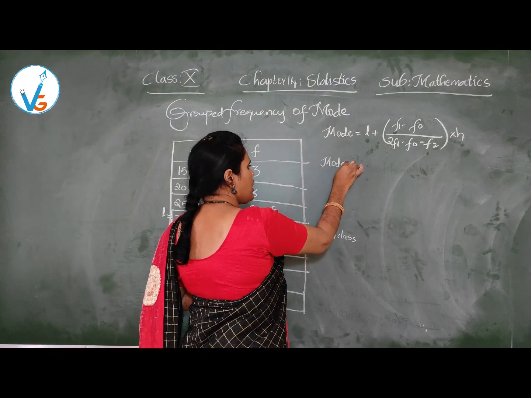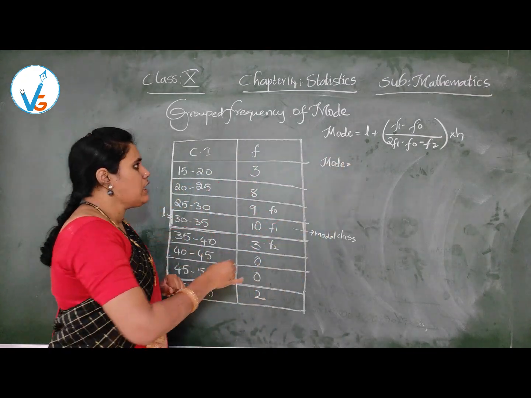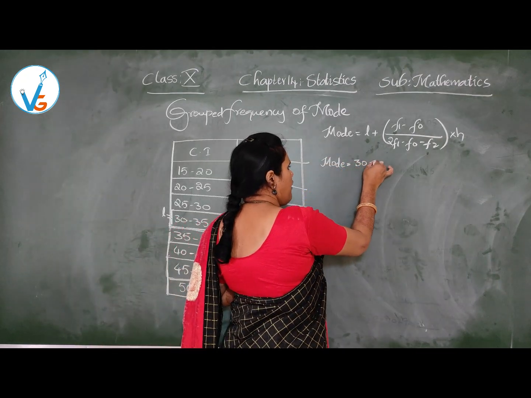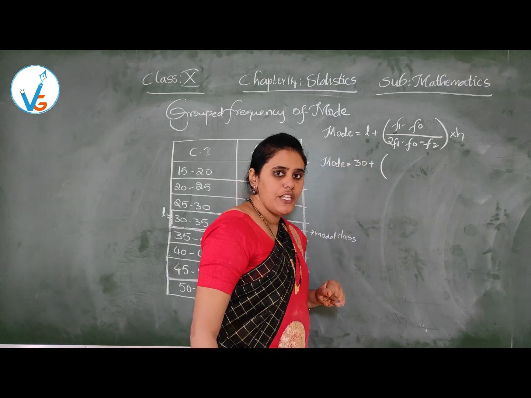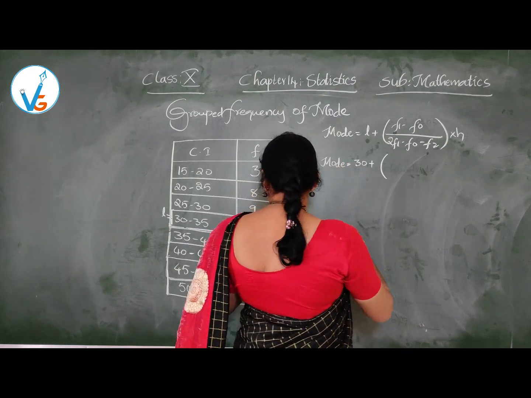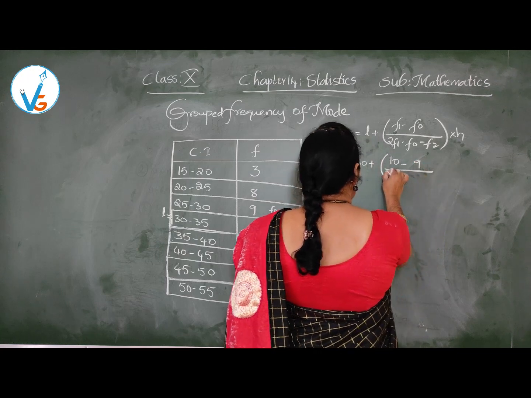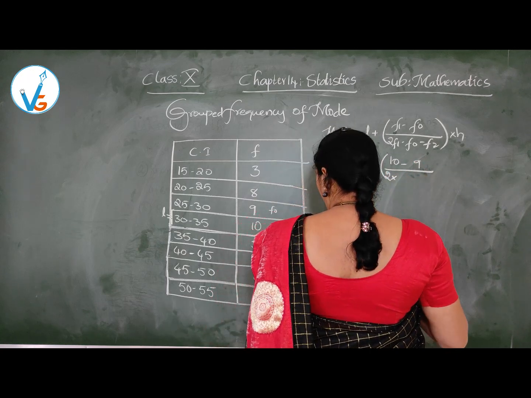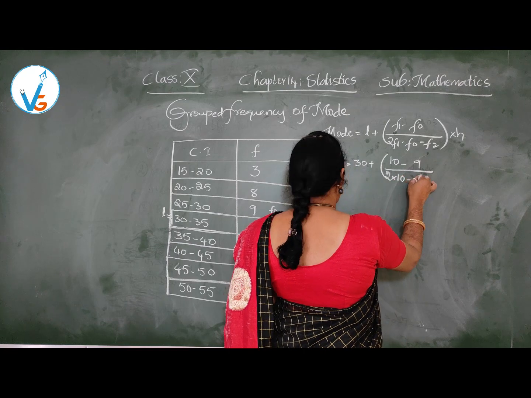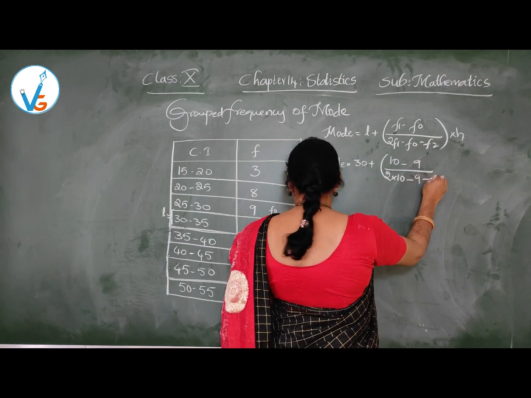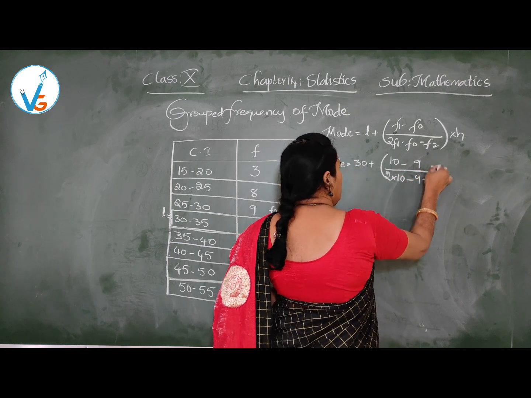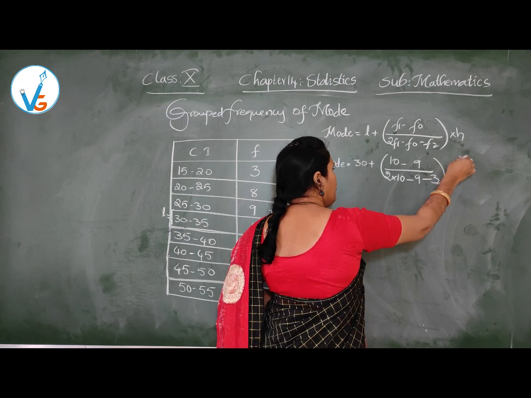Mode equals, what is our L over here? 30. 30 plus f1 minus f0. What is your f1? f1 is 10, minus f0 which is 9, by 2 into f1, 2 into 10, minus 9 minus 3, into class height which is here 5.